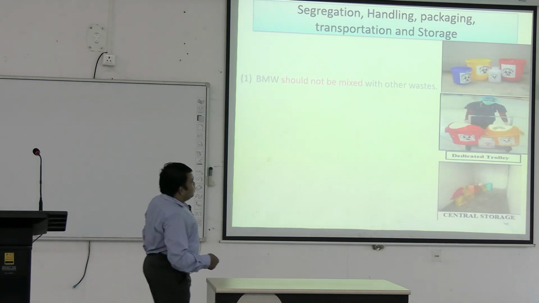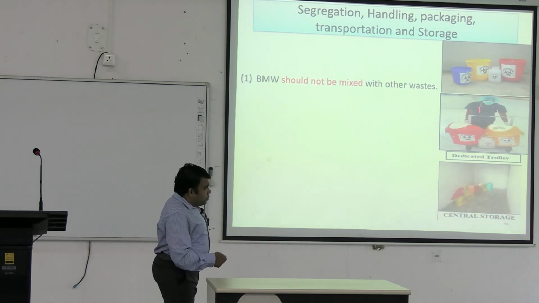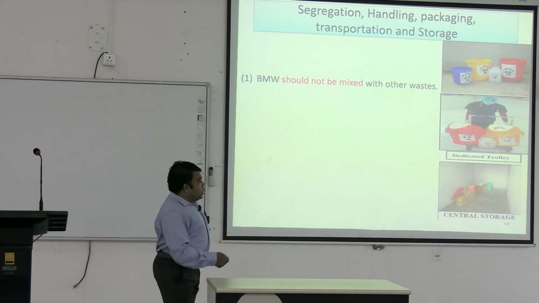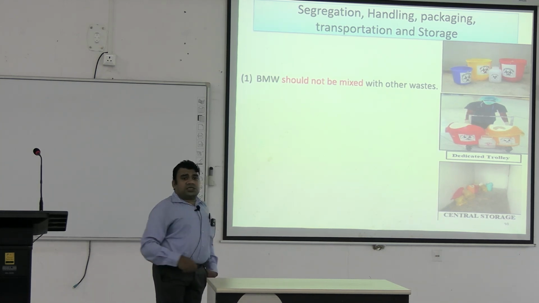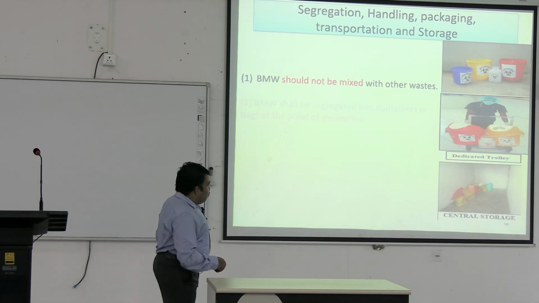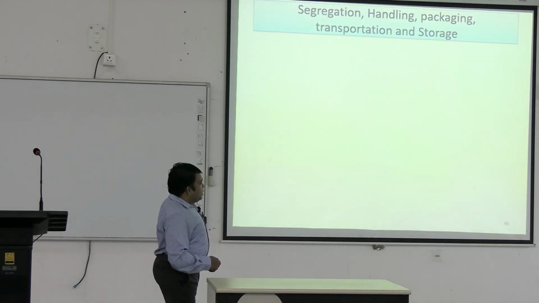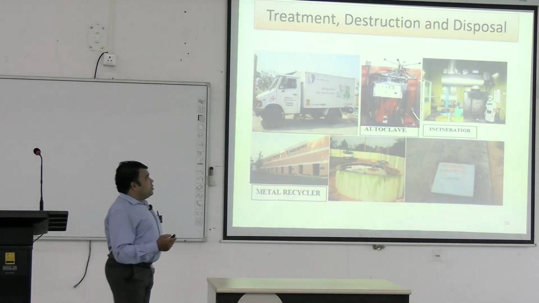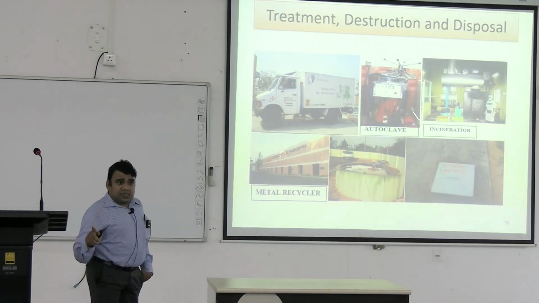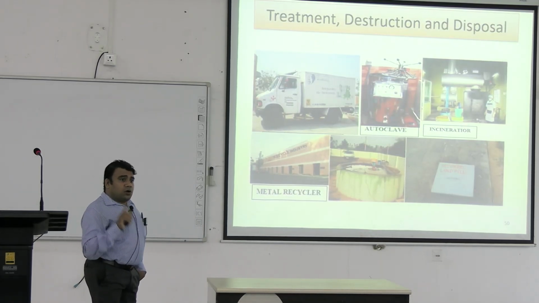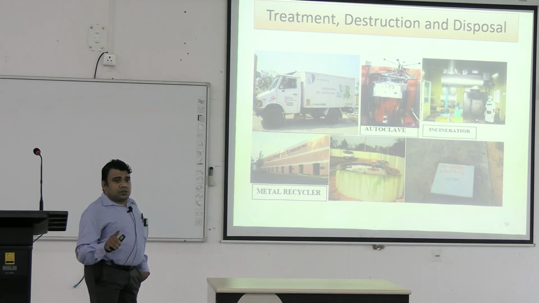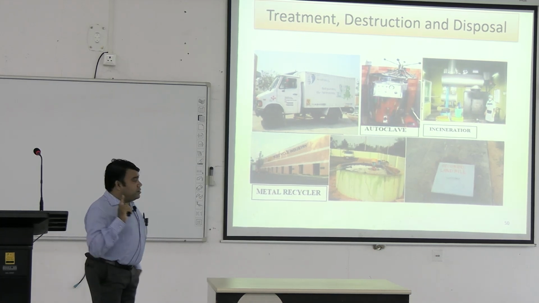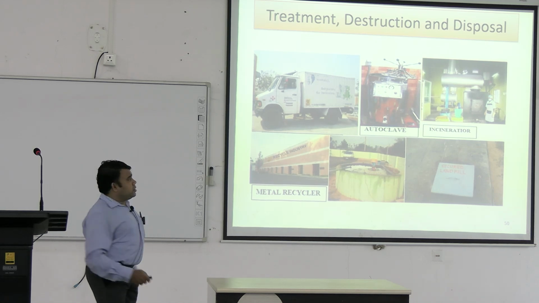Then this waste should be transported from, say, the ward or ICU to the common central storage area in the hospital, from where it will be collected to the waste treatment facility by separate vehicles of the central waste treatment facility, not other municipal vehicles. Separate specific vehicles for biomedical waste.